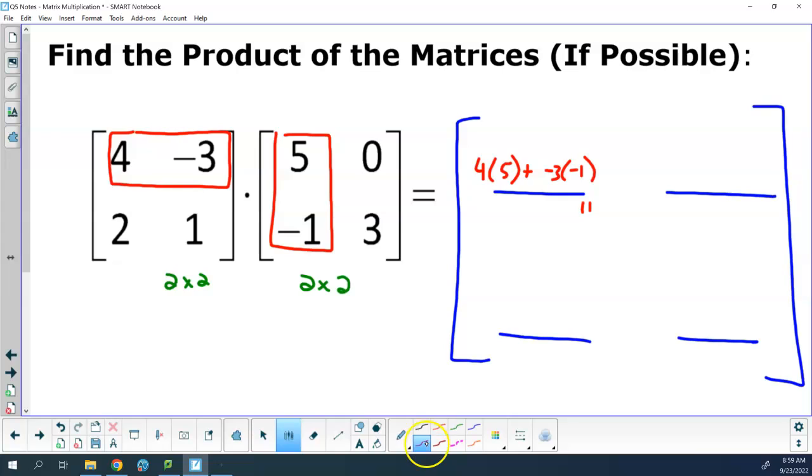I'm going to go over here, and I'm going to say this is row 1, column 2. So I'm going to take my first row here times my second column there. So then that's going to be 4 times 0 plus negative 3 times.